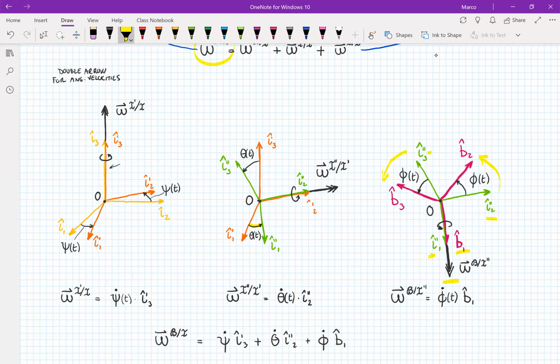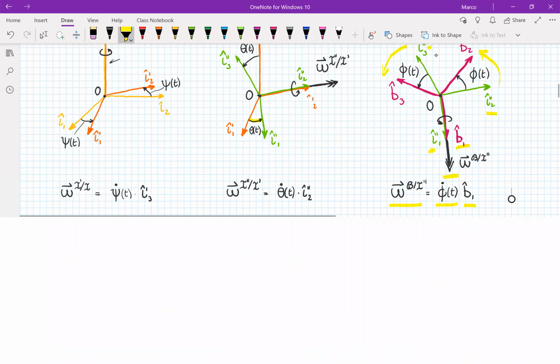And you can see very easily that the angular velocity for this elementary rotation, so omega b with respect to I double prime, so the angular velocity of the body frame of reference with respect to the intermediate frame of reference I double prime, is equal to phi dot in the B1 direction.